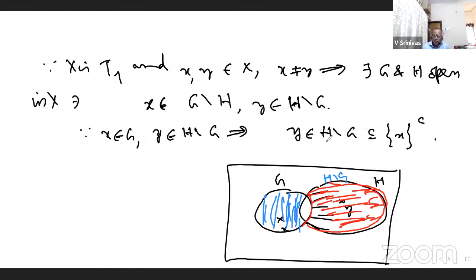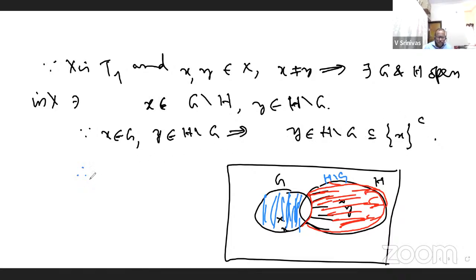So that's how this is an open set, H intersection G complement. In the complement, your y becomes an interior point. Therefore the complement of this is closed.